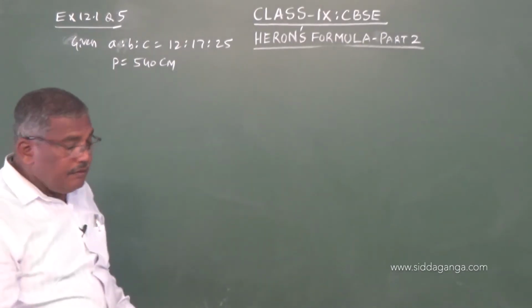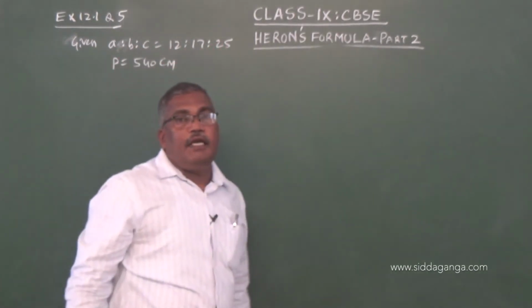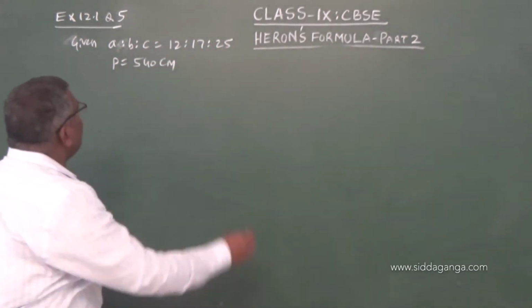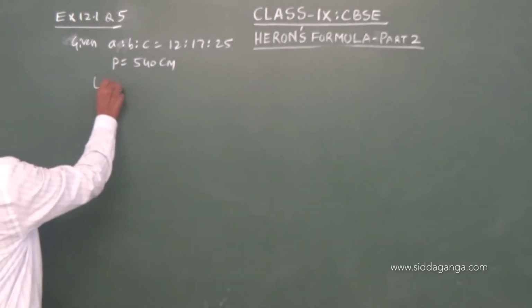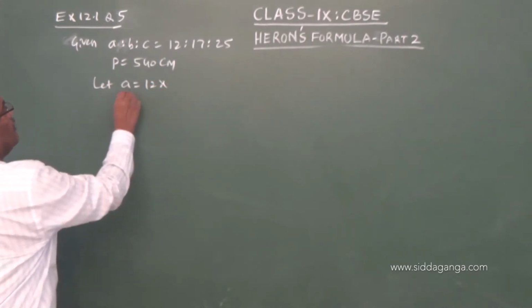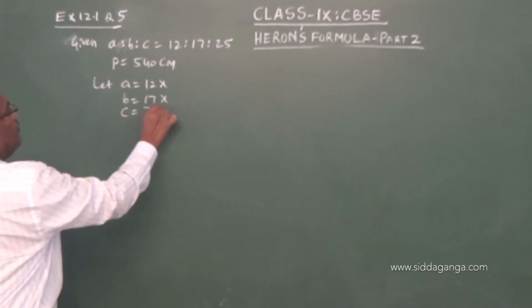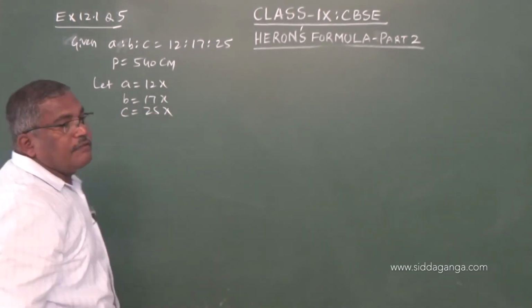So here we have to take it like this. We don't know the actual lengths of A, B, C, only the ratio is given. So let A equals 12x, B equals 17x, C equals 25x.